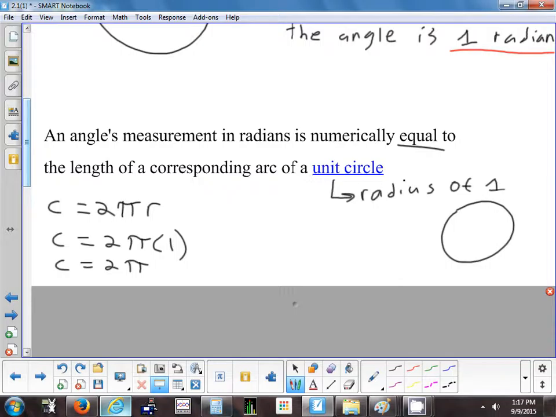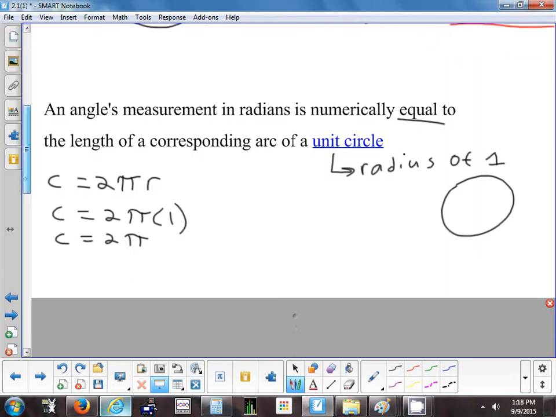Now, if the circumference is exactly the same as the angle, how many radians is it going to take to go all the way around the circle? 2 pi.